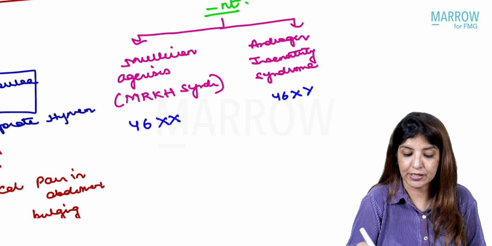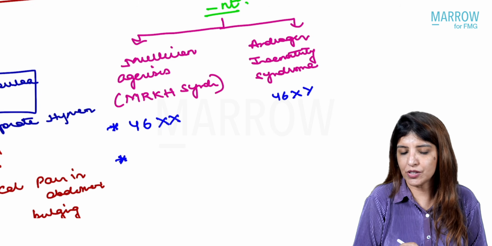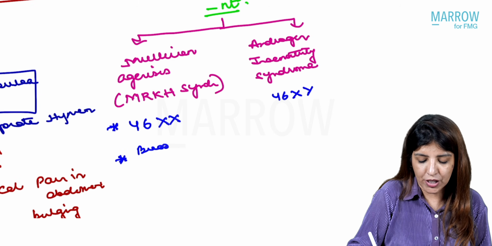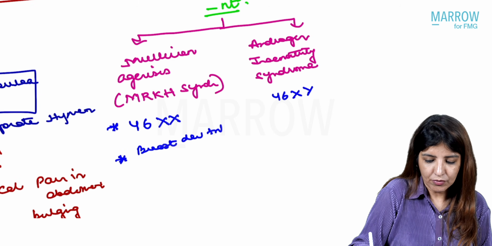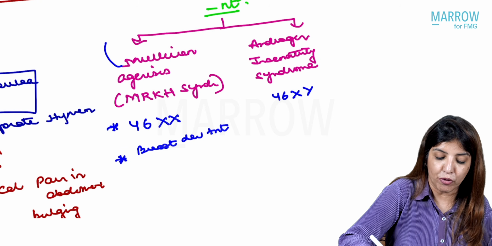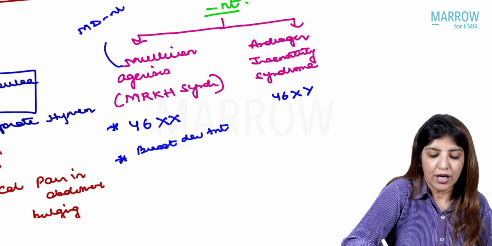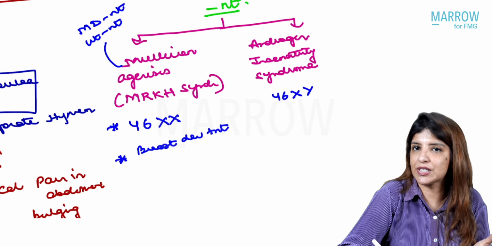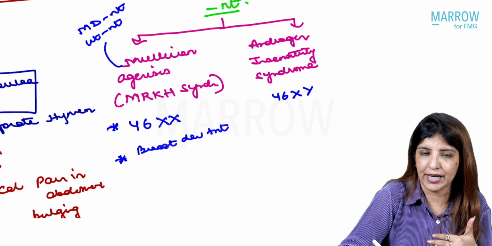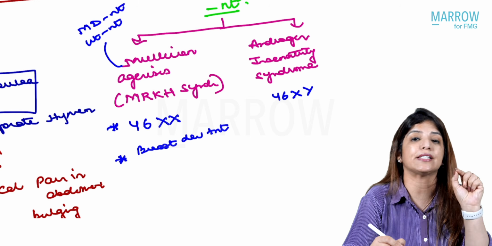That's one difference. Another thing, in case of Mullerian agenesis, breast development is present. In Mullerian agenesis, what is the problem? The problem is that Mullerian ducts are absent. So because Mullerian duct is absent, uterus is absent, cervix is absent, upper part of vagina is absent, fallopian tube is absent, right? But then ovaries are normal.